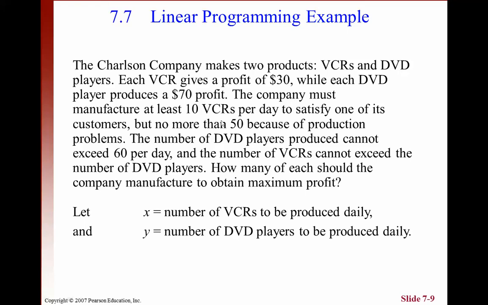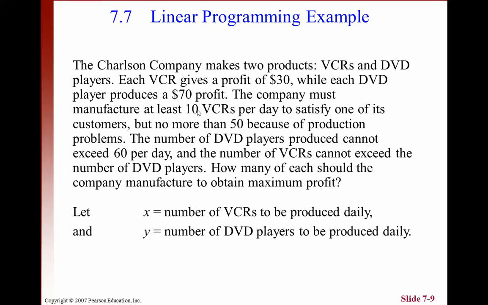So they have all these constraints. You have a $30 profit on one of them, a $70 profit on the other one. They make at least 10 of one, but no more than 50. They can't make more than 60 of the other ones. Even though they could, you'd want to maximize that because they make the most profit on the DVDs in the way this problem is set up.